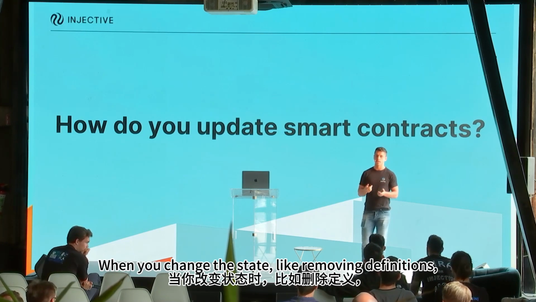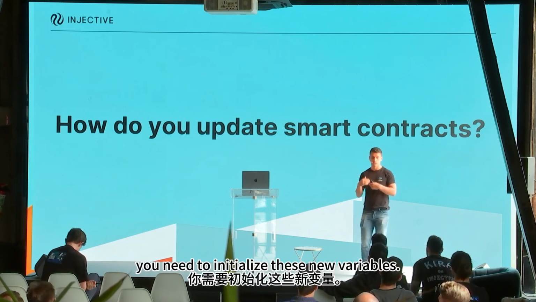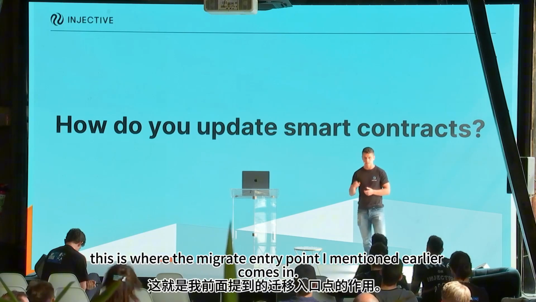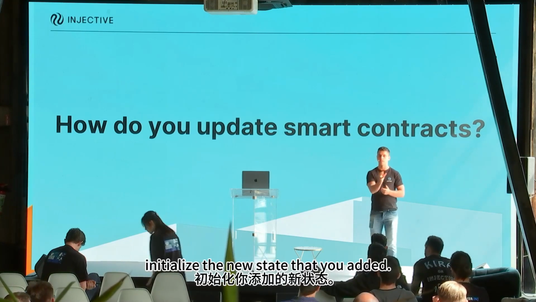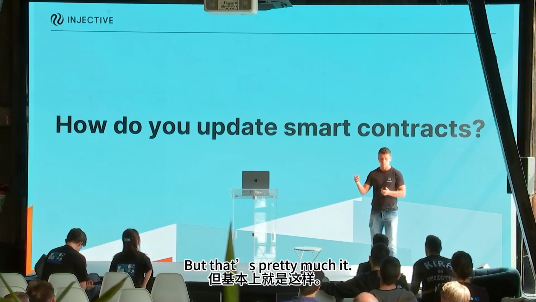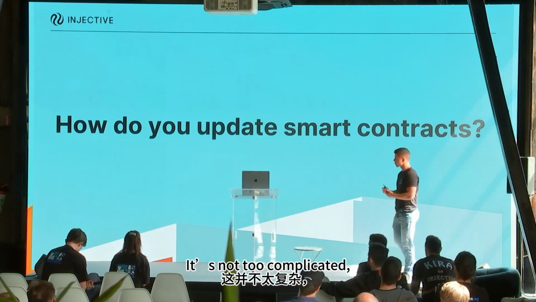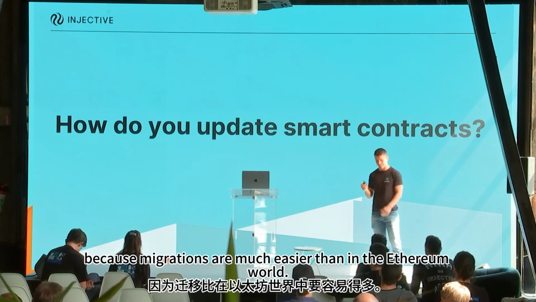When you change the state definitions, you remove or add new variables, you need to initialize these new variables. In that case, this is the migrate entry point I was mentioning earlier. You have to initialize the new state that you added in there. But that's pretty much it. So not too complicated, because migrations are a lot easier than in the Ethereum world.